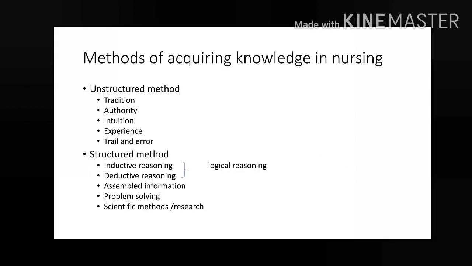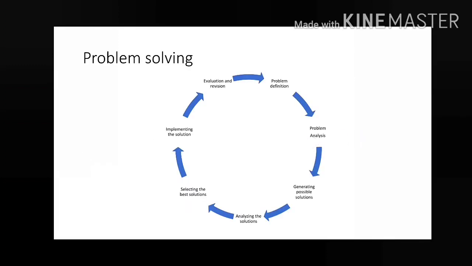And we have also seen the methods of acquiring knowledge in nursing, the unstructured method and the structured method. I hope you are clear with these two methods, and keeping that in mind I am starting off with my next slide, that is problem solving.